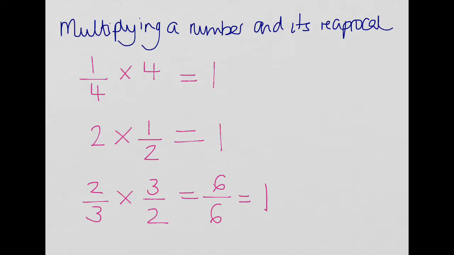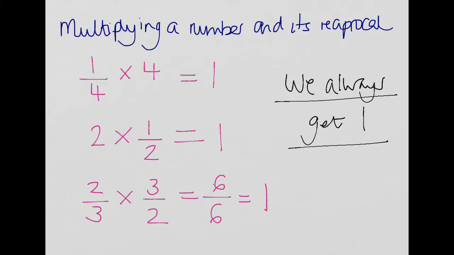Well, we've noticed that we always get 1. So that's really an important thing to realise, that when you have a number multiplied by its reciprocal, you always get 1. So we've just learnt 2 things in this short time.